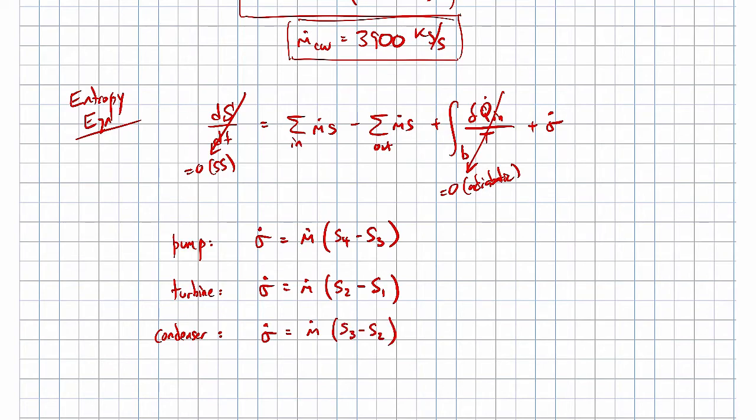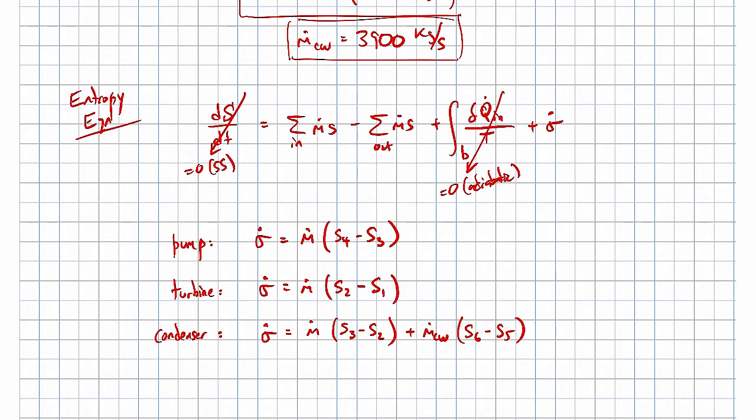So that's kind of out minus in for the cycle, and then we have to add in the entropy flux for the cooling water. That'll be S6 minus S5. And the reason, again, you have 2 of these is because you have flow coming in and out from the cycle and flow coming in and out from the cooling water.